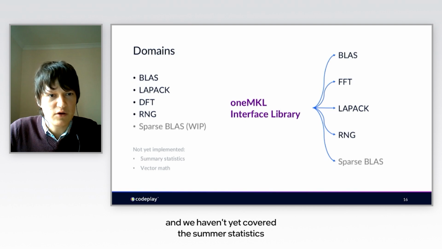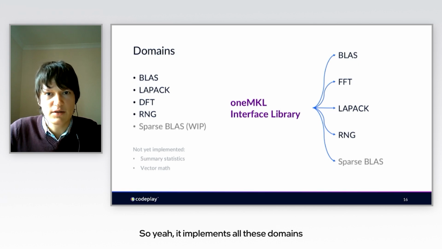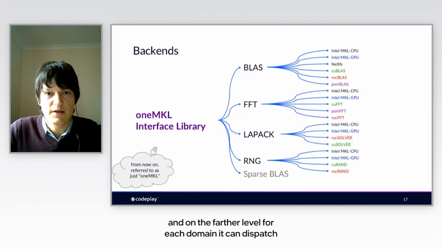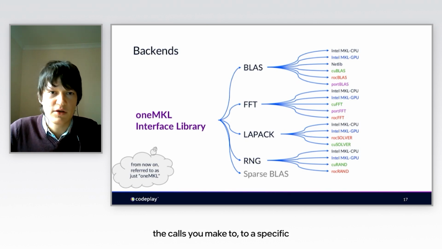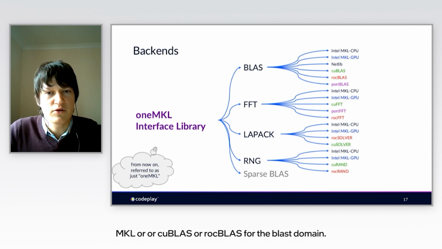And we haven't yet covered summary statistics and vector math, but there is of course a plan to cover all of them. So it implements all these domains, and at the further level, for each domain, it can dispatch the calls you make to a specific backend, which can be a vendor-specific library, like the Intel MKL or cuBLAS or rocBLAS for the BLAS domain.